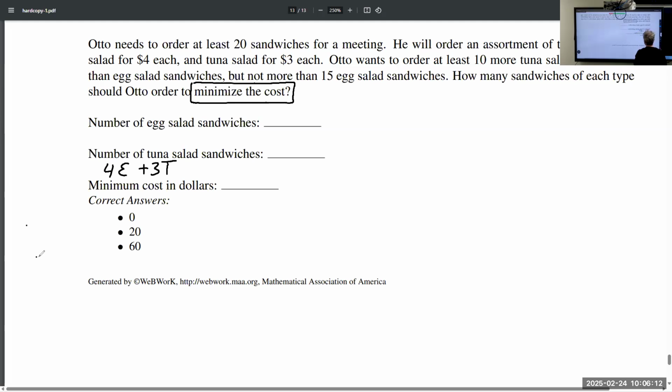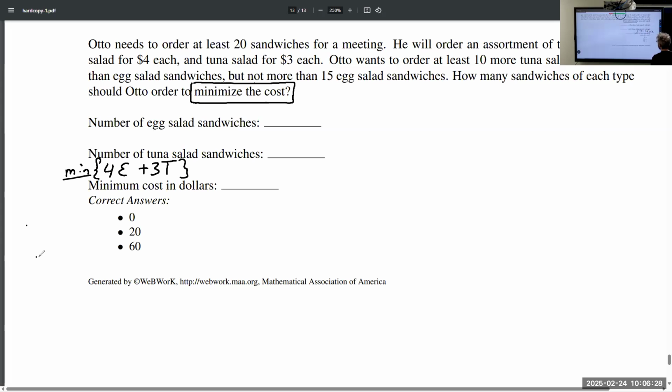So I'm just gonna call it T. And my whole goal is to minimize this function. I want the smallest value within the feasible set for that, okay?